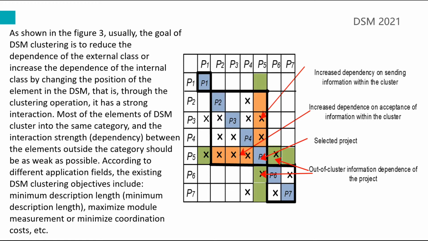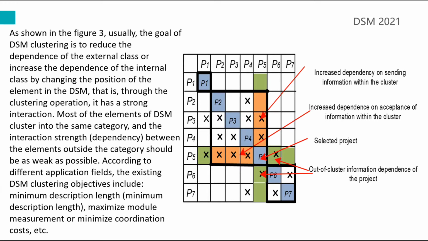That is, through the clustering operation, elements with strong interaction, most of the elements of the DSM, cluster into the same category, and the interaction strength between the elements outside the category should be as weak as possible.